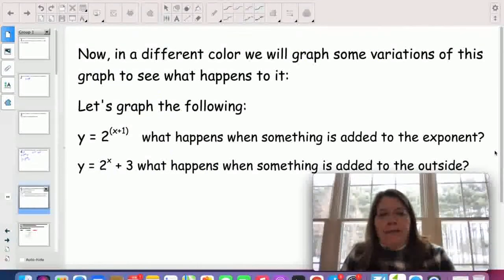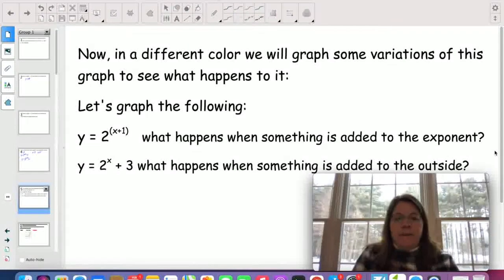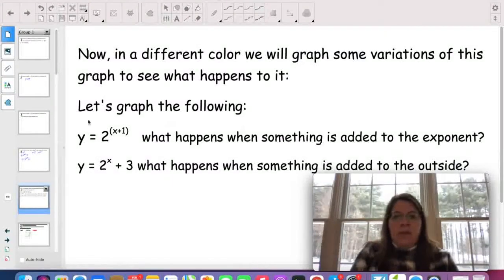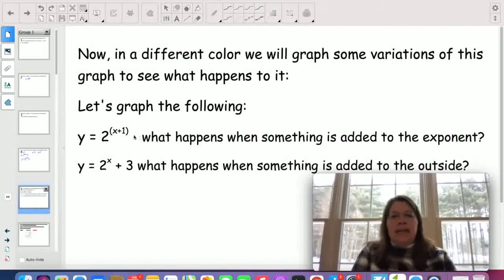So we've graphed the y equals 2 to the x equation in Desmos. And so now I'm going to take some different variations of this graph and graph them in Desmos as well so that you can see how the parent graph is affected by the transformations. And so let's just think about this in terms of the inside and the outside. The inside part of the graph is going to be what is here with the x value.